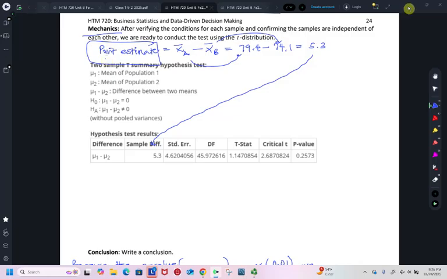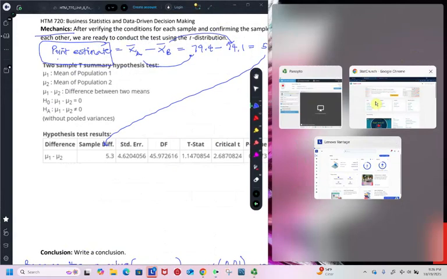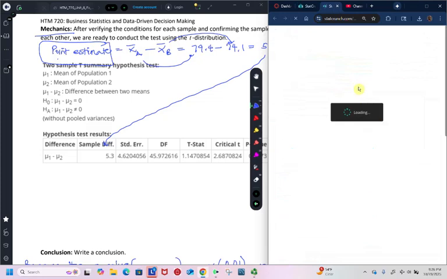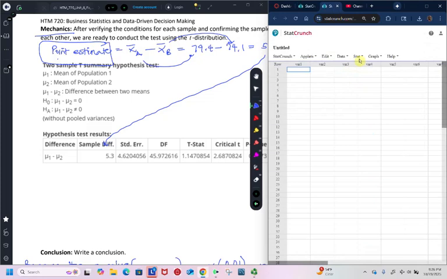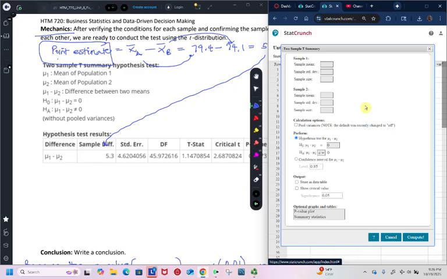So I'm going to go to StatCrunch here, and let me pull that up in StatCrunch. And I'm going to go to Stat, go to T Stats, Two Sample, with Summary statistics.